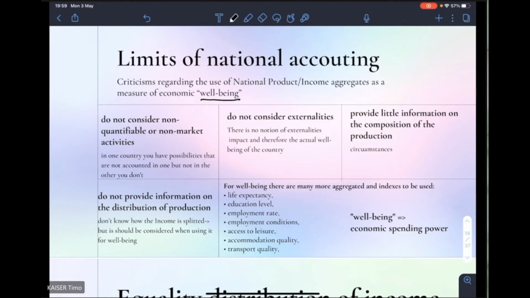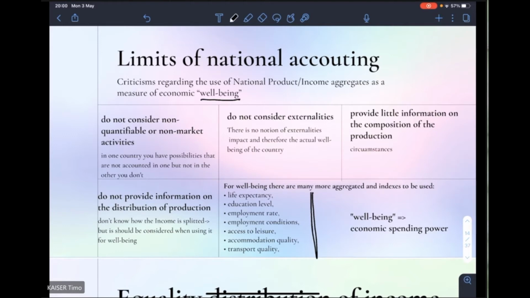However, just remember that GDP is not a really good measure of well-being because well-being includes so many more things. For example, all these indexes that are important to use, such as life expectancy, education level, employment rate, and all of this is a very important part of the well-being of an economy and the people that live in it.